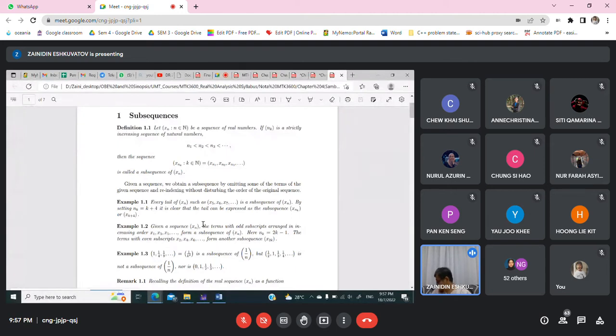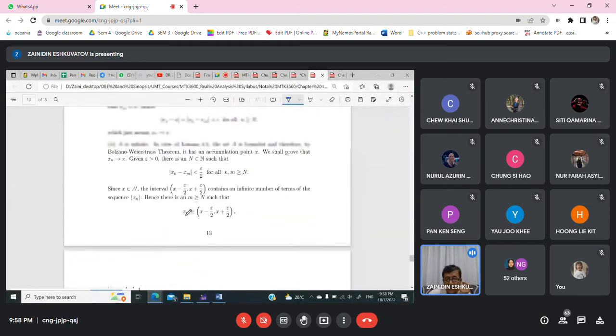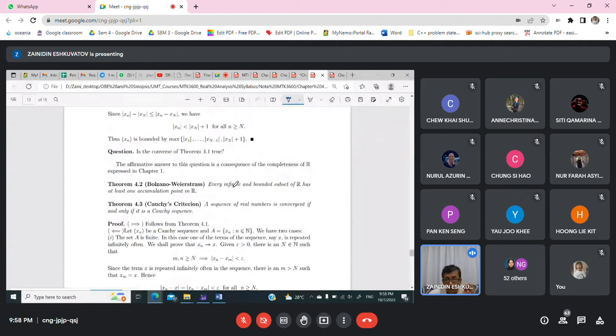For example, a sequence is given; show that it is a Cauchy sequence. Or if a Cauchy sequence is given, is it possible to say that the sequence is convergent? There is one important theorem here.